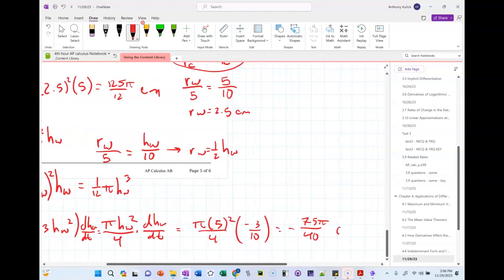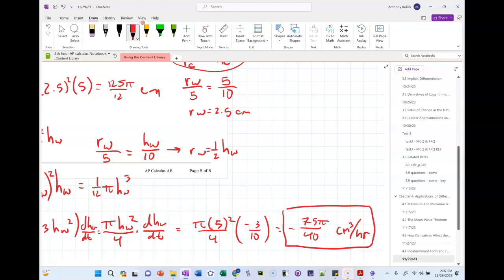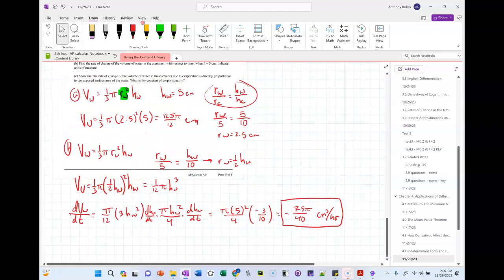The unit here is volume, so it's cubic centimeters, and the rate was per hour, so it's per hour still. Still feel pretty good? The pace is okay, I'm not going too fast, not skipping any steps on you guys.